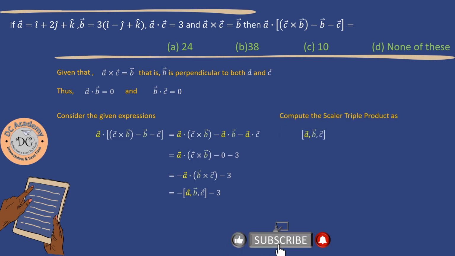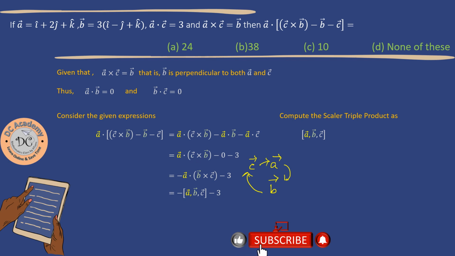Now we'll try to simplify that scalar triple product value. Here we are trying to find the scalar triple product of A, B and C. As A cross C is provided to us, I tried to write down A, B and C in different ways. So again we recall the properties of the scalar triple product. We write it as A, B, C in a cyclic order. What is the scalar triple product?